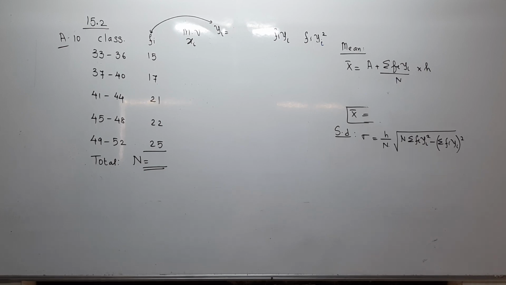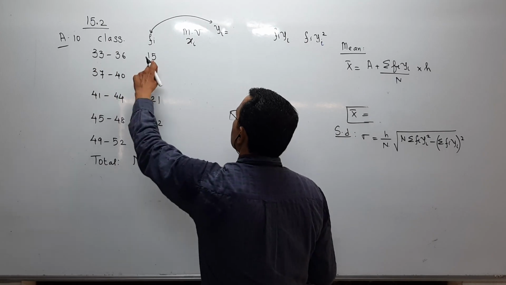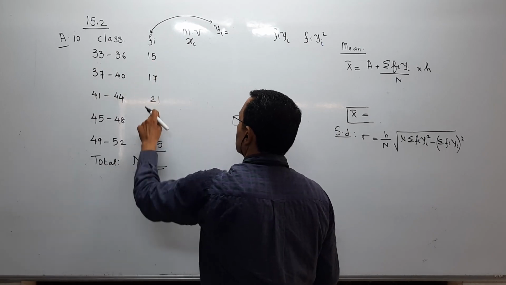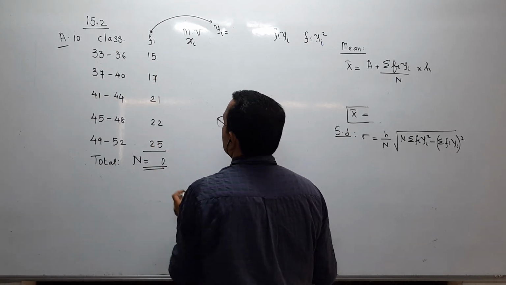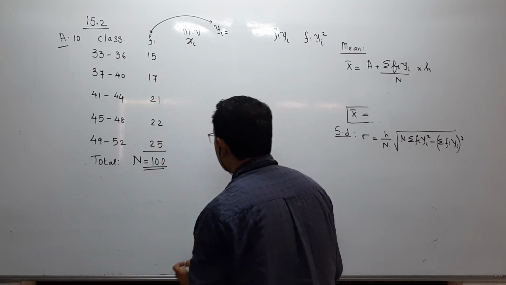Okay, students. Total of frequency: 15 and 17 is 32, 21 is 53, 22 is 75, 25, so the frequency total is 100.